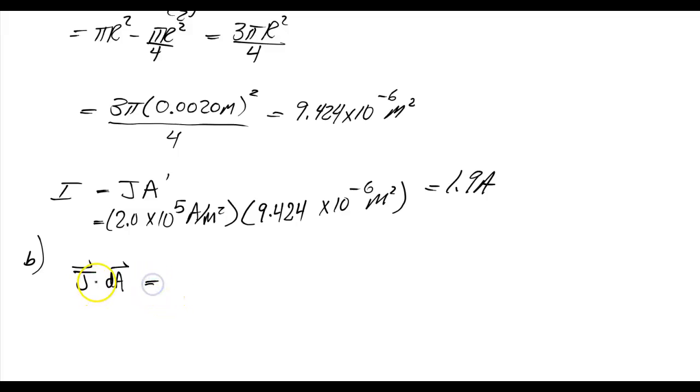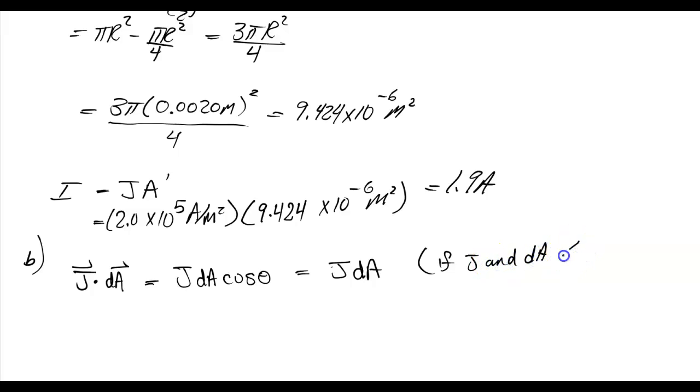And so if we take the dot product between those two, we get J dA cosine theta. And if we take the current density and the area element to be in the same direction, then we can say this is J dA if J and dA are parallel, so they point in the same direction.